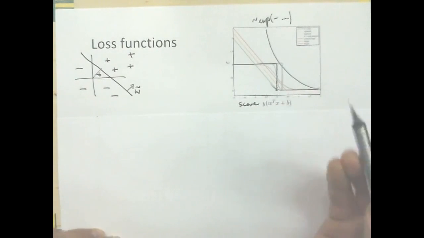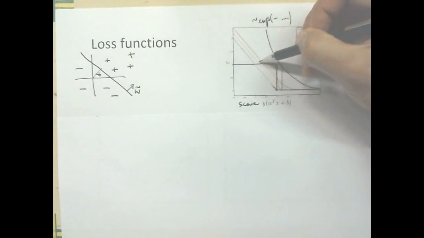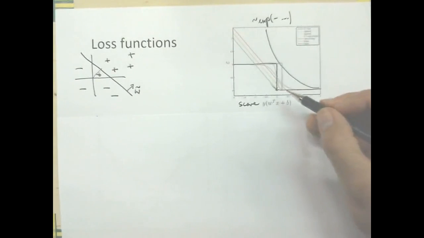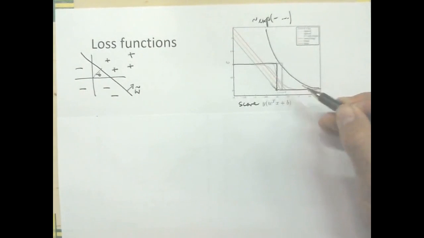So for example, for the red line here, you see it starts to grow at already 0.4 or so.